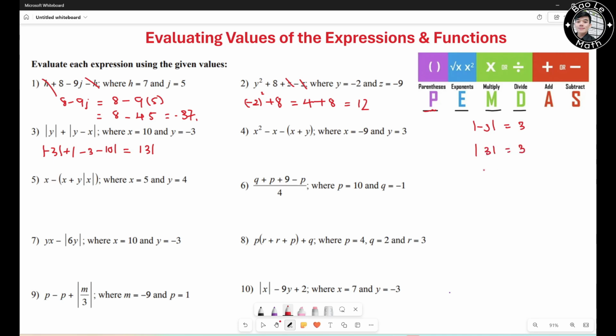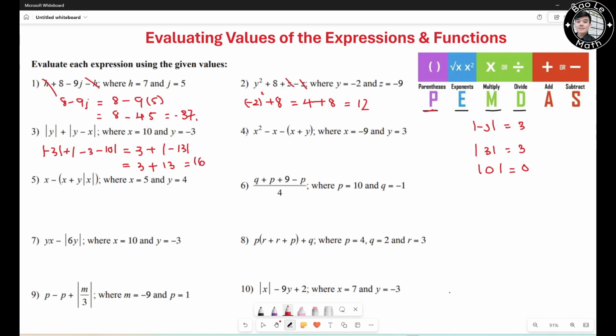The absolute value of 0 is 0. So this part equals 3. Now negative 3 minus 10 is negative 13, and the absolute value of negative 13 is 13. So 13 plus 3 is 16.